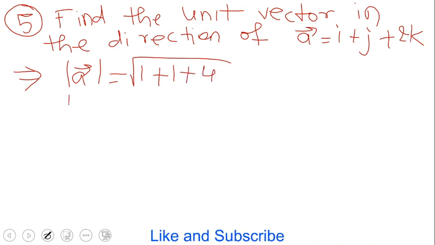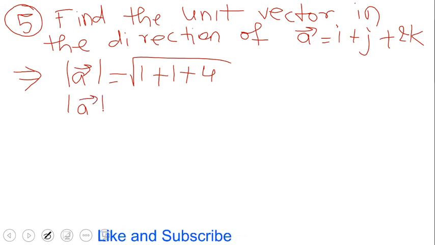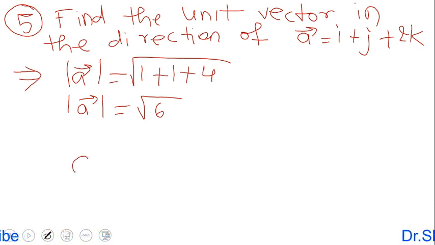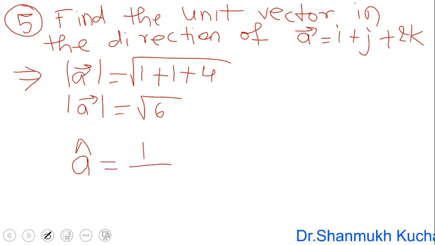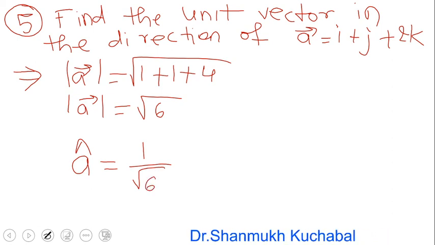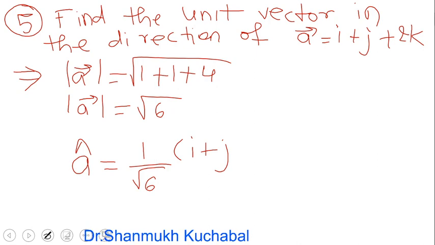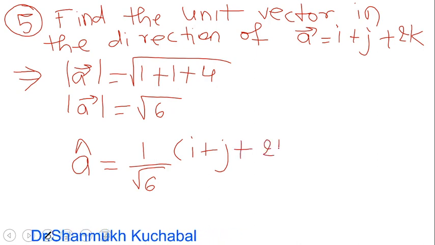So we get the magnitude as root 6. The unit vector in the given direction is A cap equal to 1 divided by the magnitude of vector A, root 6, multiplied by the given vector, i plus j plus 2k.